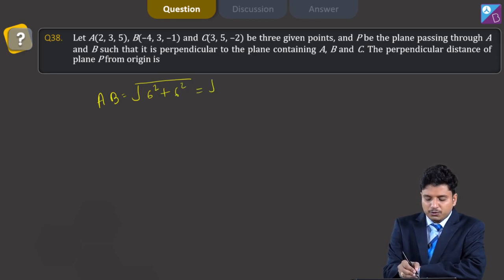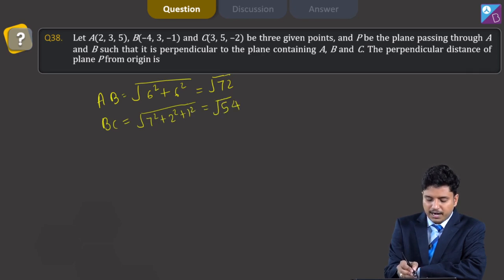So this is under root 72, while this distance BC is coming out as minus 4 minus 3, that is 7 square, 3 minus 5, that is 2 square, and minus 1 and minus 2, that means 1 square. So this is 7 square plus 2 square plus 1 square, which is equal to, of course, root 54, and similarly you can see that CA is also equal to under root 54.